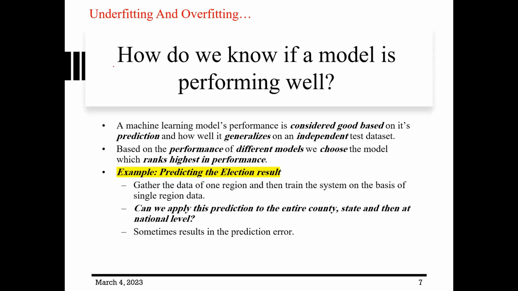Now, how do we know if a model is performing well? We say a machine learning model's performance is considered good based on its predictions and how well it generalizes on an independent test set. So once you have trained, you check it on the test set. Based on the performance of different models, we can choose the model which ranks highest in performance.